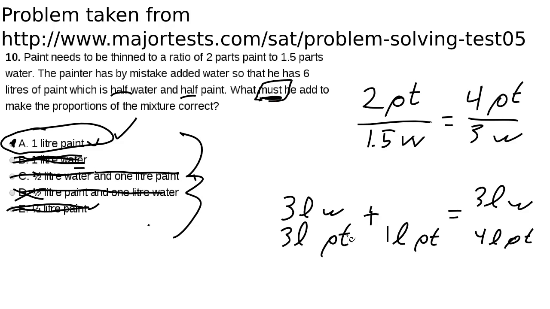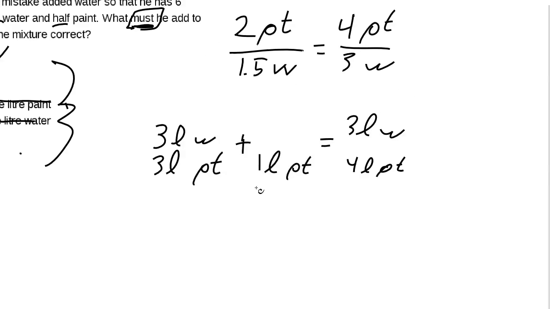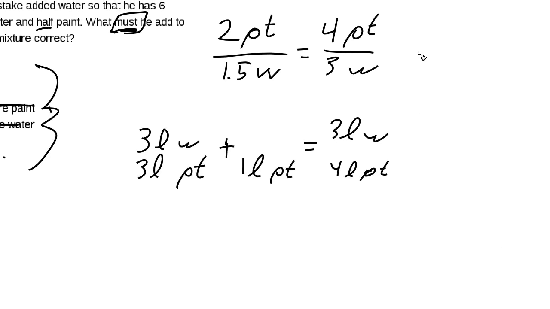But I think he could do something else. He could, for every 8 parts paint, have 6 parts water. That's still the same ratio.